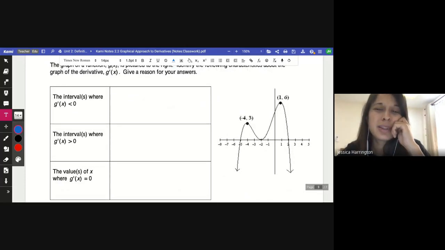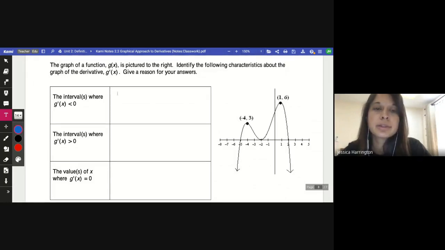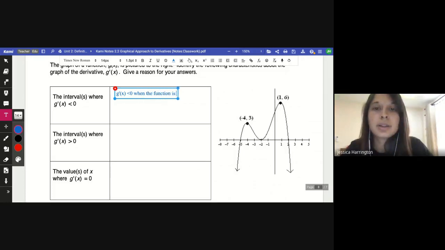Well, it's decreasing between -4 and -2, right? You can see it's going down. So let's see, how am I going to write this? I'm just going to use a text box. G prime of x is less than 0 when the function is decreasing.